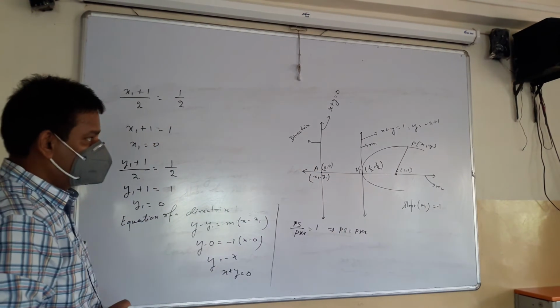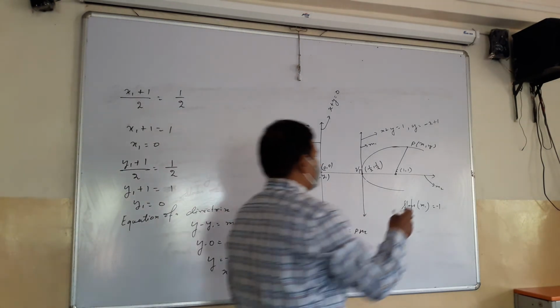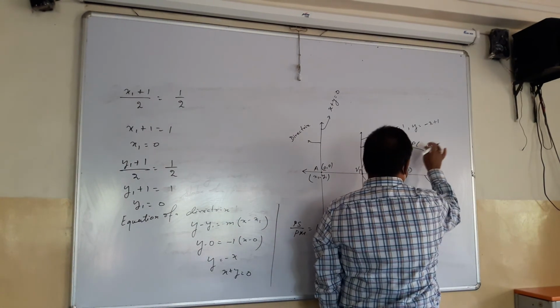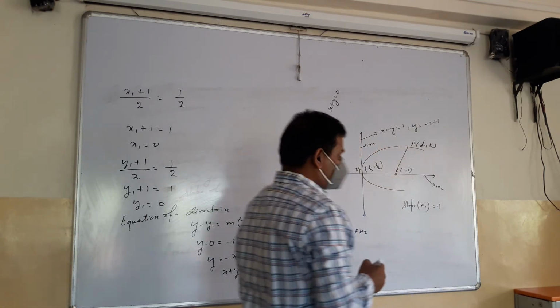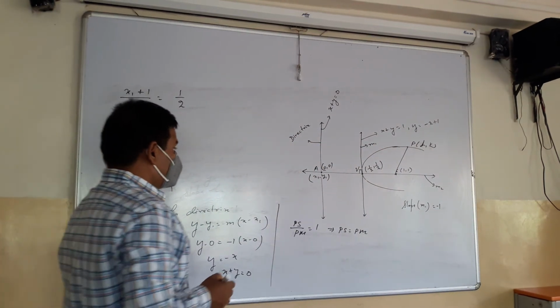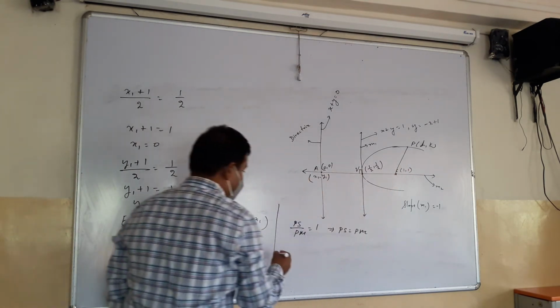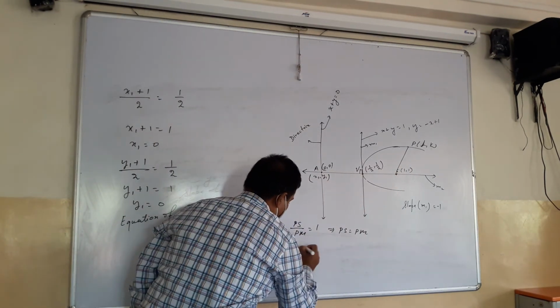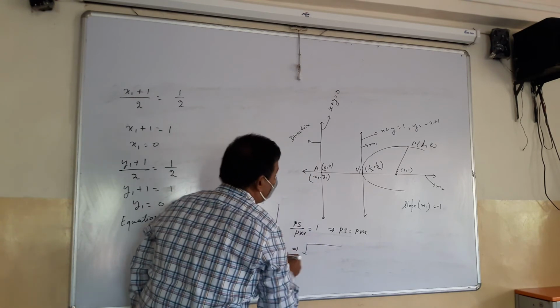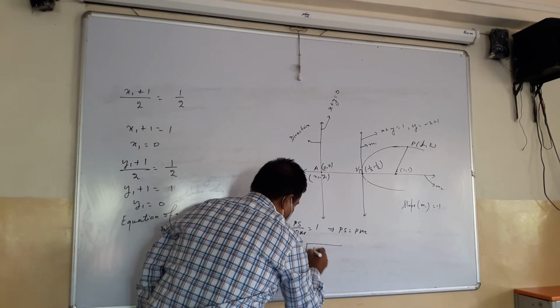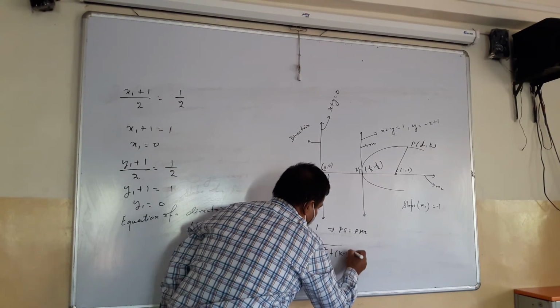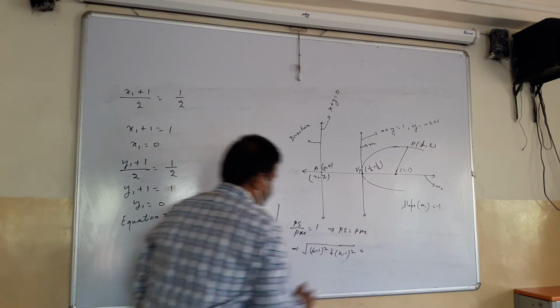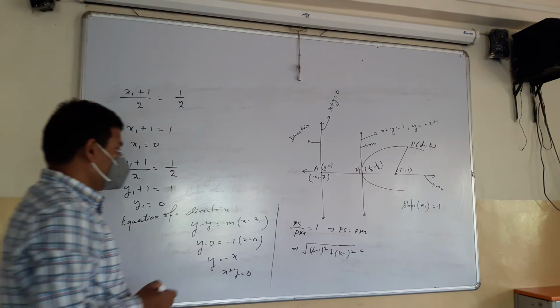We can't take x2 and y2, there will be confusion, so you can put here h and k. Any doubt? So PS by the distance formula is the square root of h minus 1 whole square plus k minus 1 whole square, equal to PM.